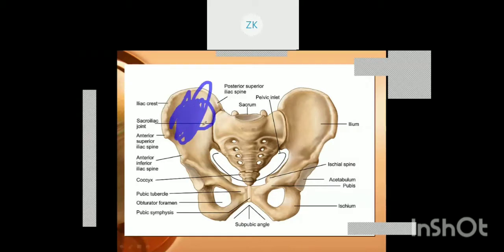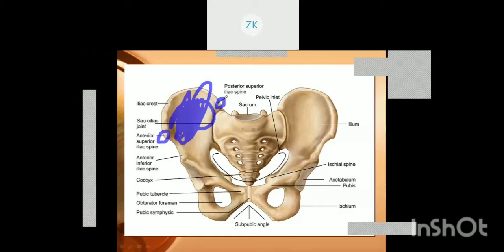As you can see here, this is the iliac spine. This concave one is the iliac fossa. And then the posterior superior iliac spine will be here. When you really see the pelvic bone only, then you will understand it. While picturizing, you will not understand.